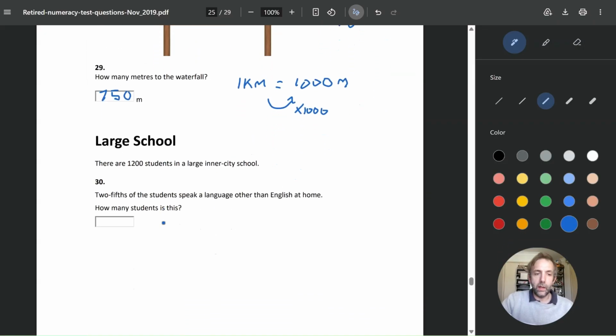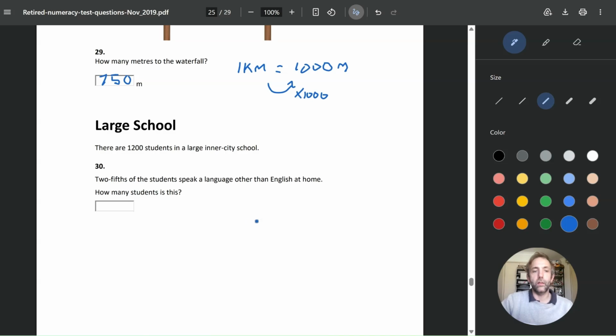Question 30, we're given a scenario of a large school. So we're told there are 1,200 students in a large inner city school. 2/5 of these students speak a language other than English at home. So how many students is this? So we need to find 2/5 of 1,200.